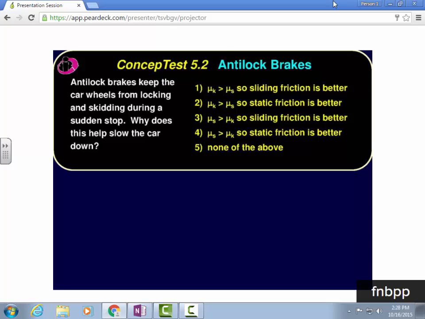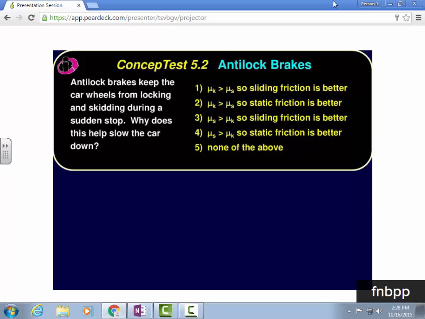All right. Anti-lock brakes is a mechanism that's in all of our cars now. What the mechanism does is when you slam on the brakes, it doesn't lock the brakes. Instead, the way it behaves is when you slam the brakes, it goes like this. In other words, it periodically applies the brakes on the wheels.